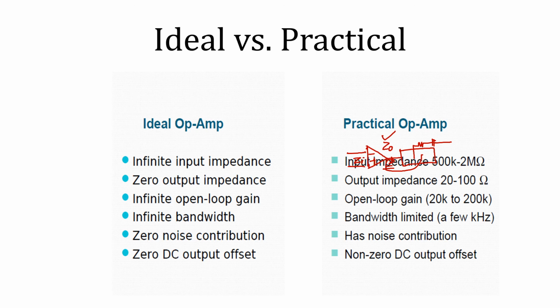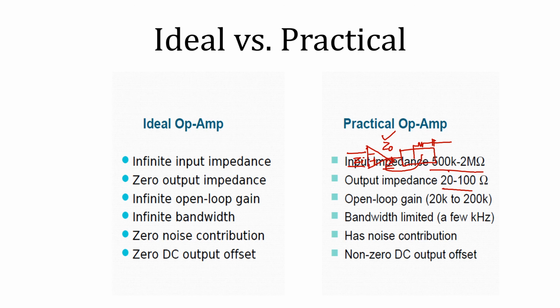of an operational amplifier. Practically, input impedance is in the range of 500 kilo ohm to 2 mega ohm. It is not infinite. Zero output impedance: definitely some impedance will be there. If we design a circuit, you can decrease it, but you cannot make it zero. If there is some component consuming some current and voltage, it has to have some resistance. It could be low, even lower than 20 ohm sometimes.